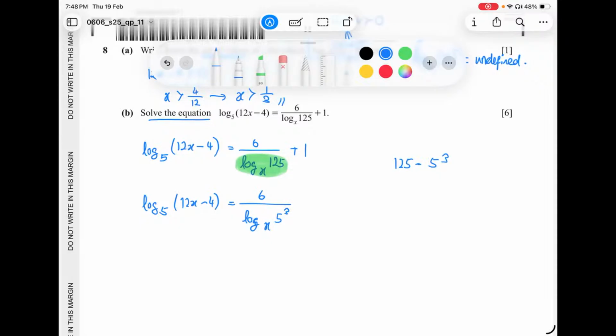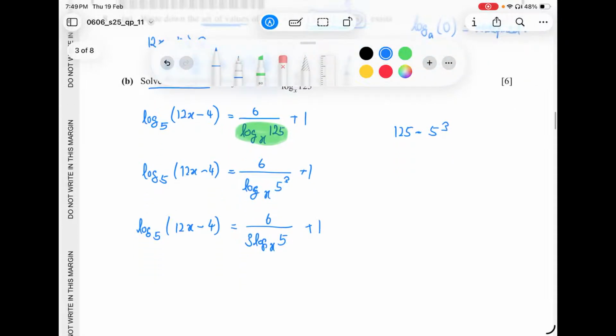So that's 5 cubed, right? Now you bring down the 3. That's one of the properties of logs, that you can bring down any exponent as the coefficient of your value. So you can bring down the 3 log base x of 5 plus 1.